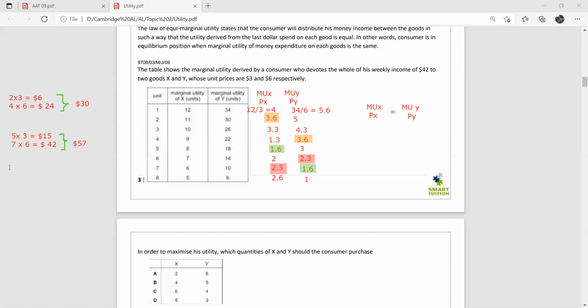Now we take the next one. Consumer purchases 7 units of X. Price of X is $3, 21. And 6 units of Y. Price of Y is 6, 36.